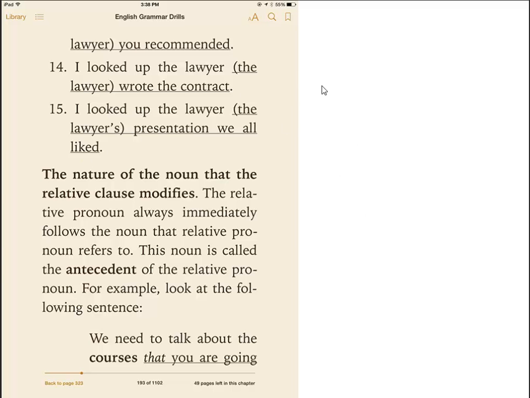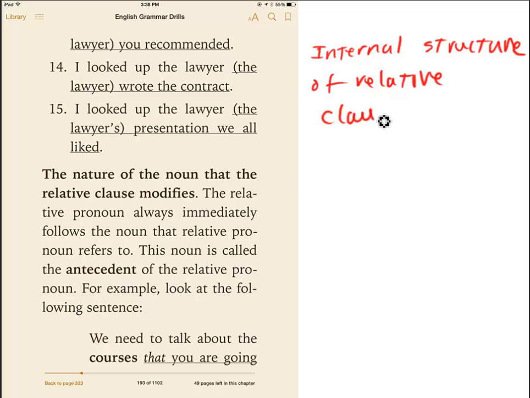Okay, welcome back as we continue to look at the internal structure of relative clauses. I want to review quickly what we discussed in the last video.